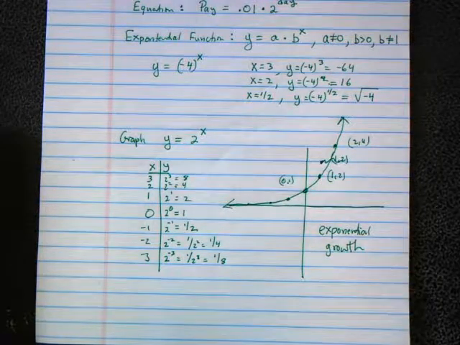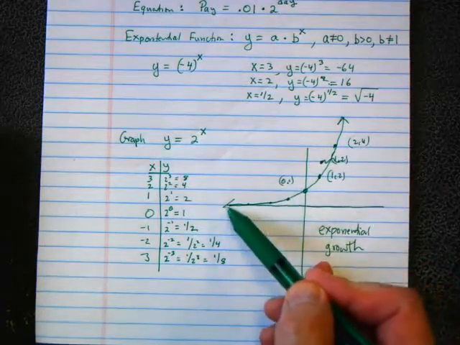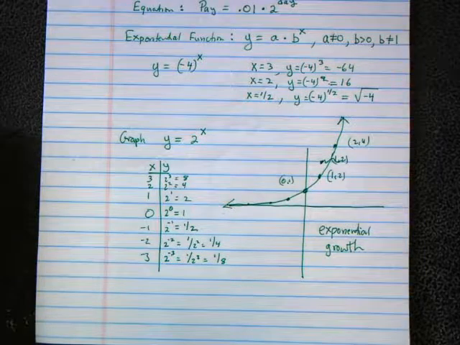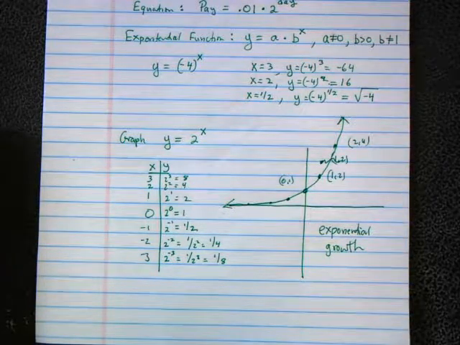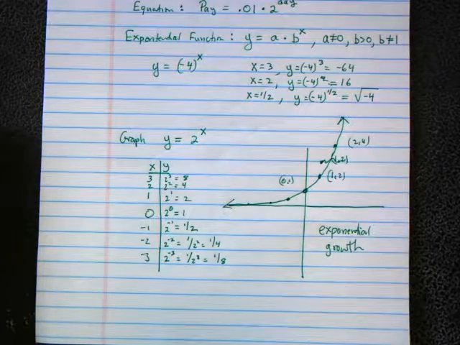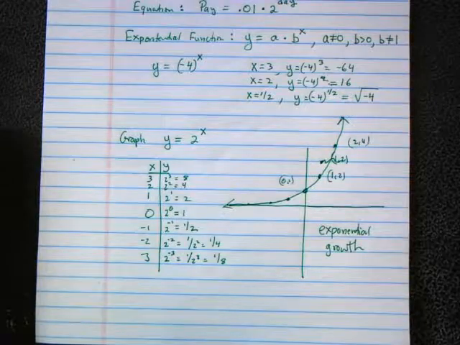All right, so there's a name for this graph. It's getting really, really close to this line, but it never touches it. Anybody remember the name? No, not decay, although in a second we're going to talk about exponential decay. But it's not called decay when it gets close to the line.